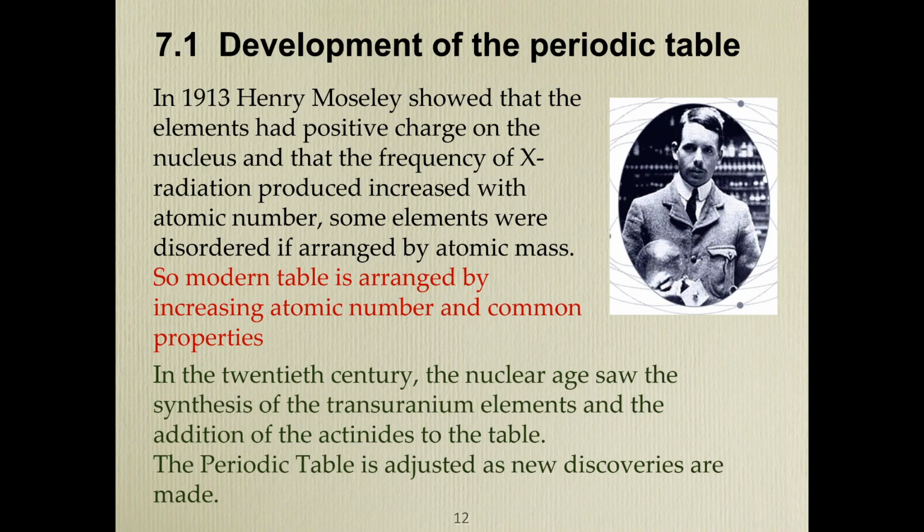So what happened was Moseley found a new technique. It uses X-ray radiation, and he found out that when he put different elements in there, he got certain results we don't want to get into. But anyway, each element gives a different pattern. From that pattern, you can actually figure out how many protons it has.